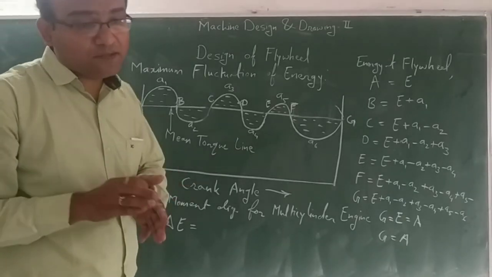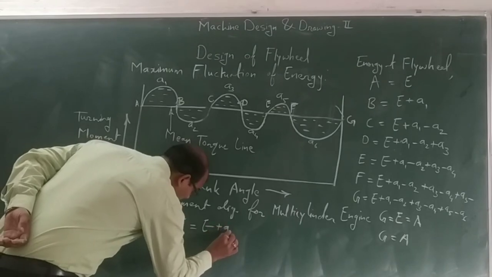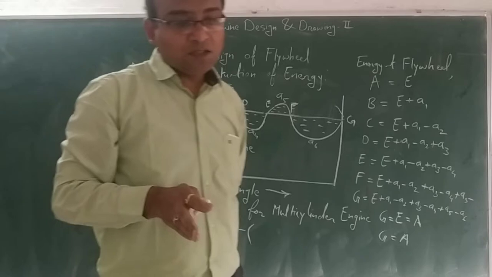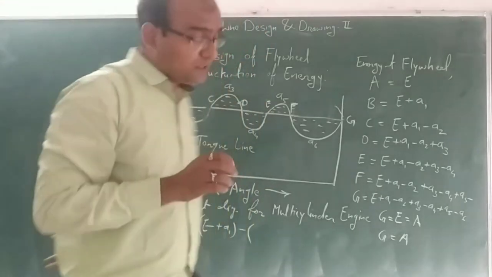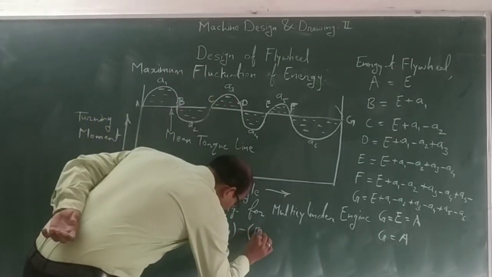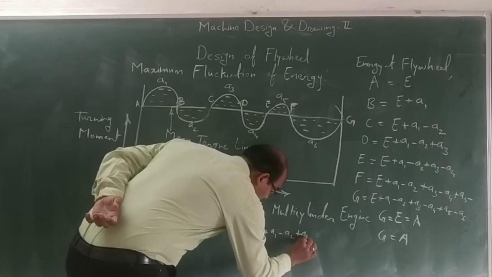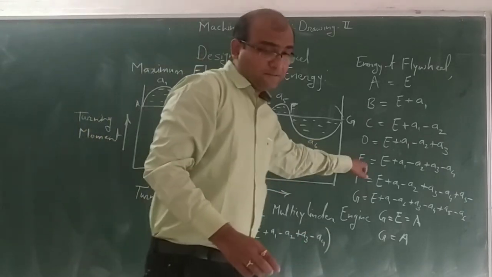What is your maximum energy? Maximum energy is your E plus A1, and your minimum energy, that is E plus A1 minus A2 plus A3 minus A4.